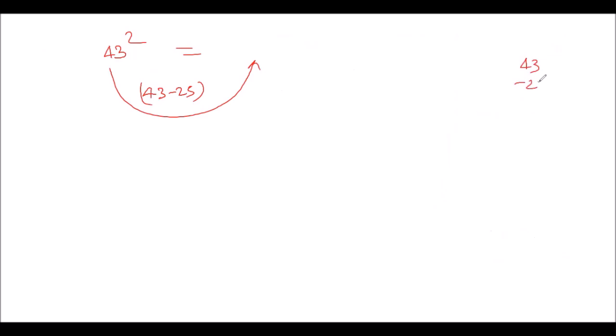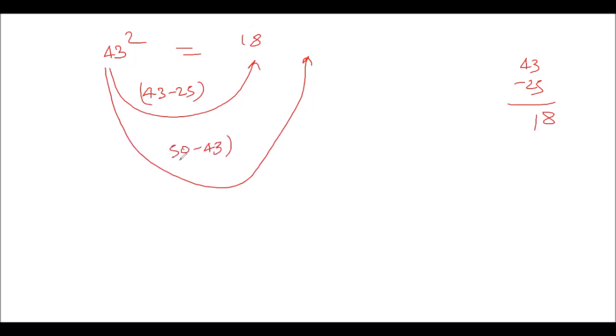It will be 18. So write down 18. And now again take the difference from 50. So 50 minus 43, and the square of this. 50 minus 43 is 7. 7 square is 49. So this will be our number.